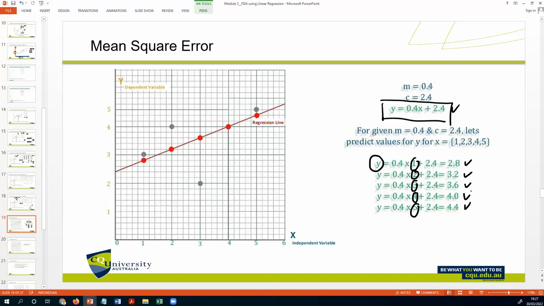Given the X, let's say they have 1 year of experience, their salary is 2.8 million. If they have two years of experience, their salary is 3.2. If they have 3 years of experience, salary 3.6. So the model will estimate the salary of the employee. This is the estimate, the prediction.